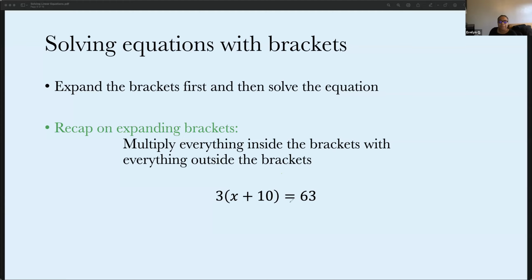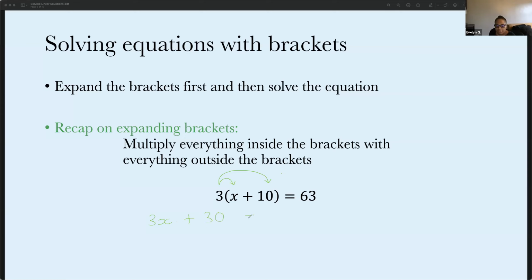So the best thing to do is expand the brackets on the left-hand side. Now to expand the brackets, you multiply everything outside with everything inside the bracket. So we've got 3 outside and we've got x plus 10 inside the bracket. So we're going to do 3 times x and then 3 times 10. So 3 times x is 3x and 3 times 10 is 30.